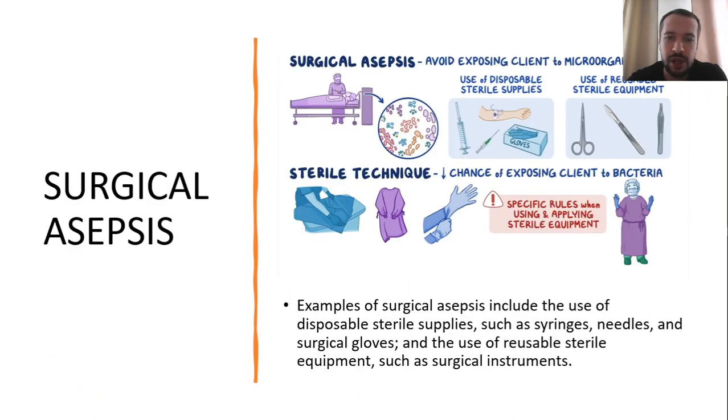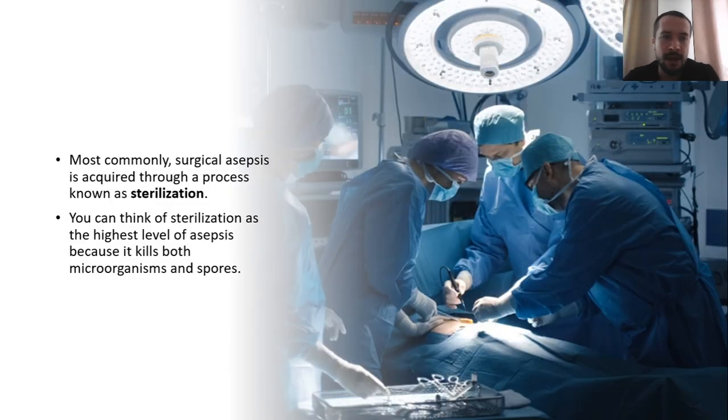Surgical asepsis. Examples of surgical asepsis include the use of disposable sterile supplies such as syringes, needles, and surgical gloves, and the use of reusable sterile equipment such as surgical instruments. Most commonly, surgical asepsis is acquired through a process known as sterilization.